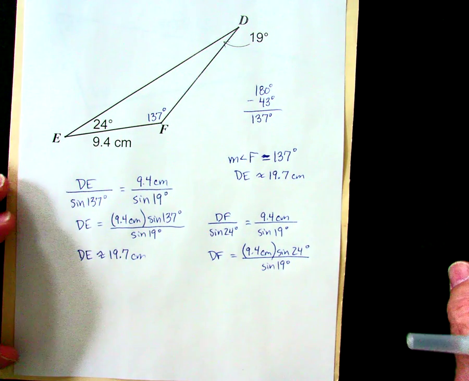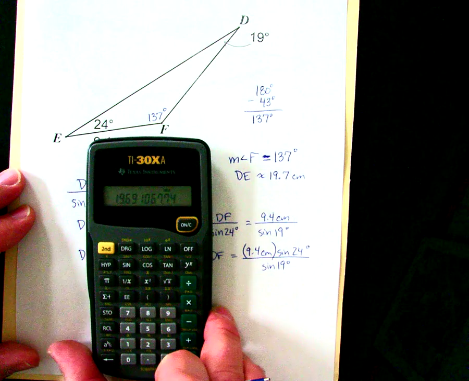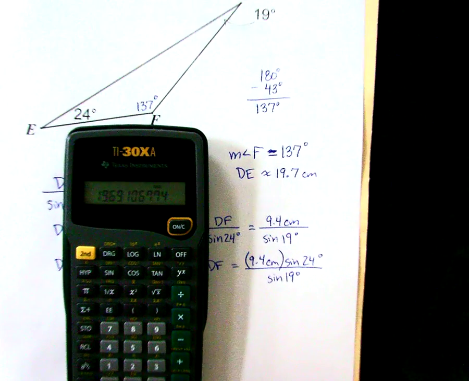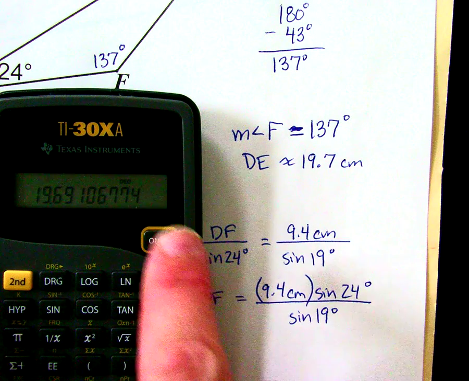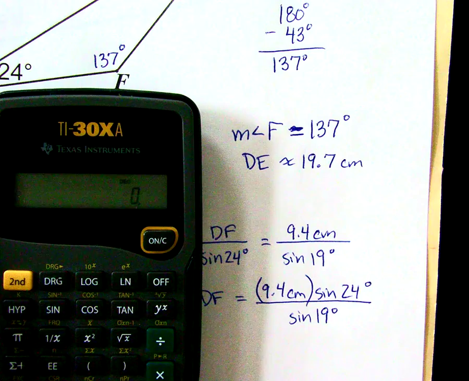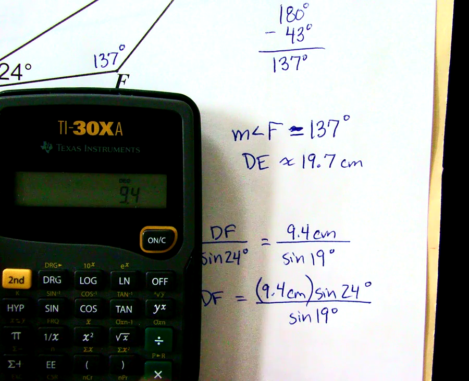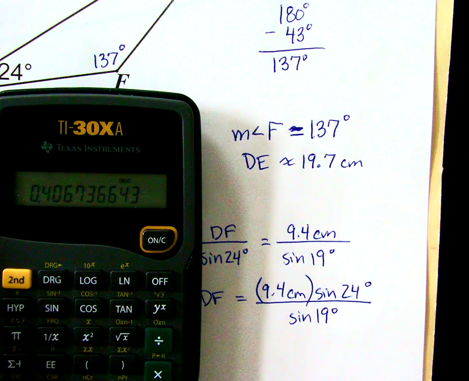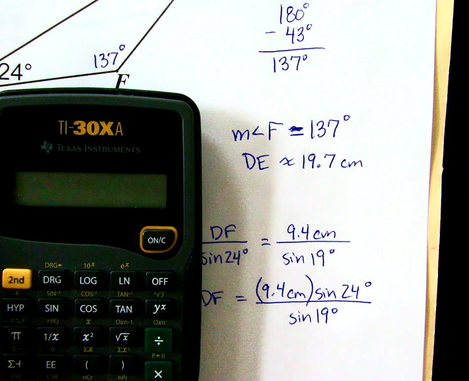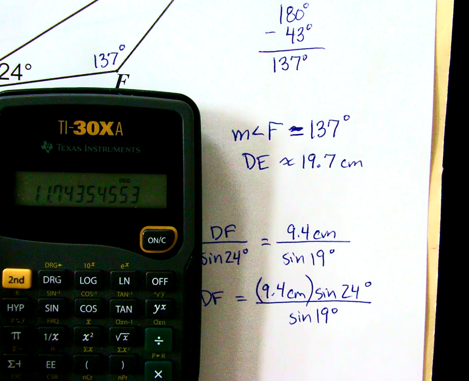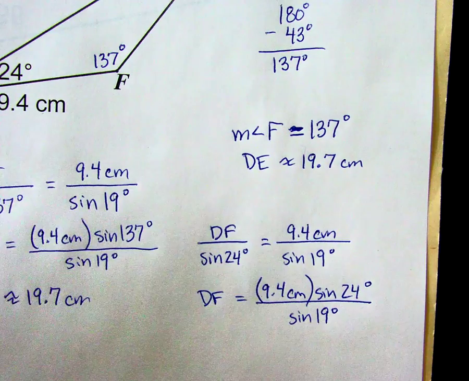Now using the calculator to compute that value, clear that last one off, 9.4 times 24 degrees sine divided by 19 degrees sine equals. So about 11.7.